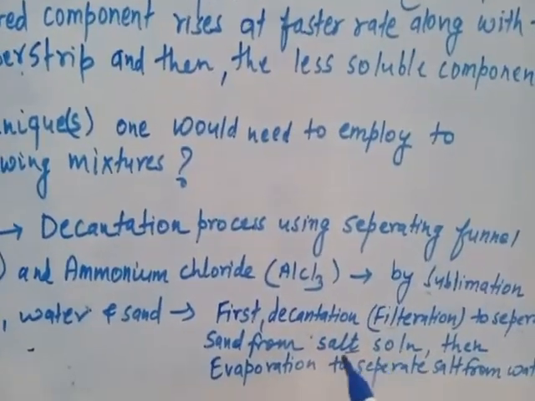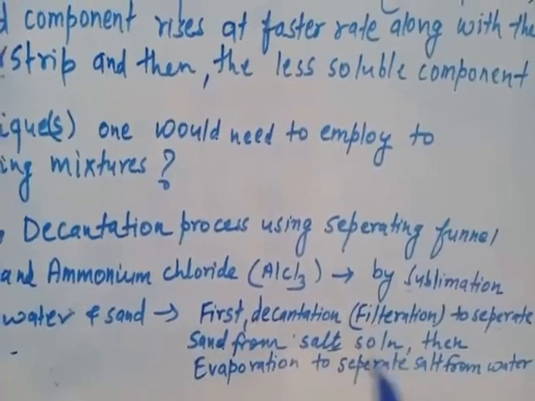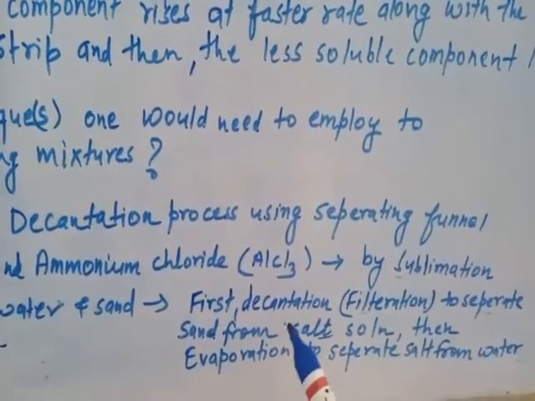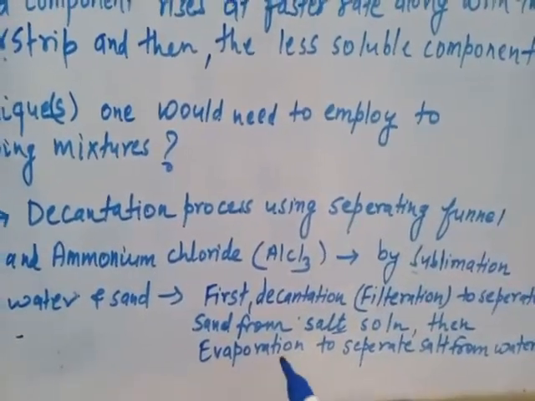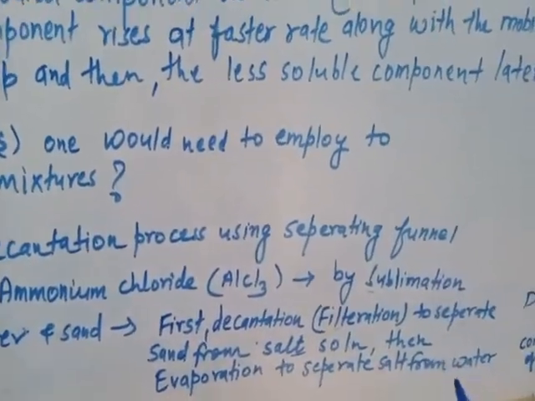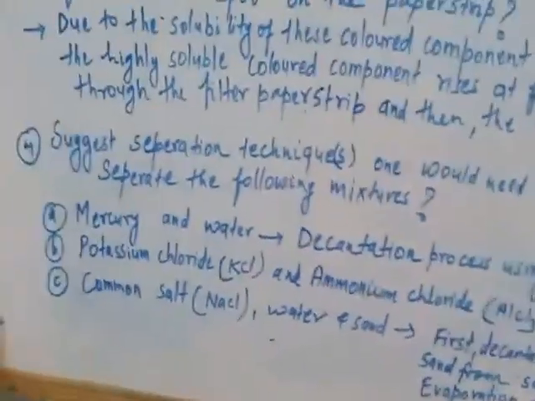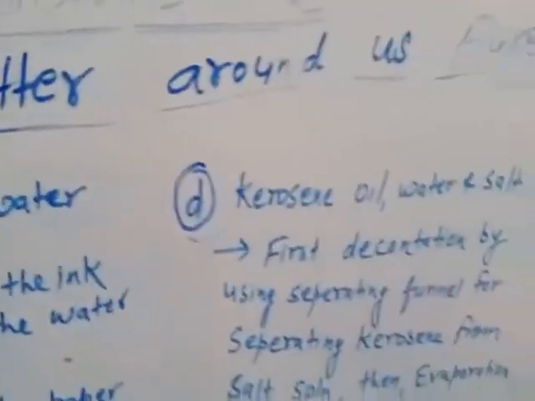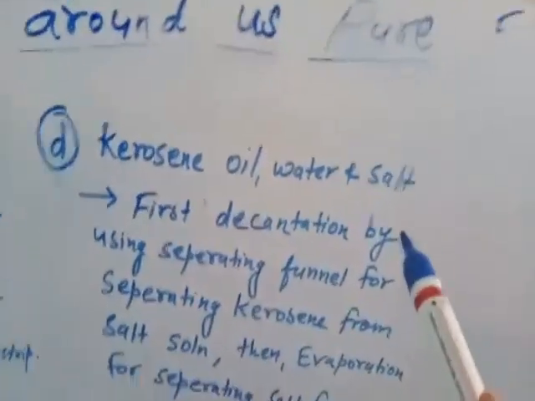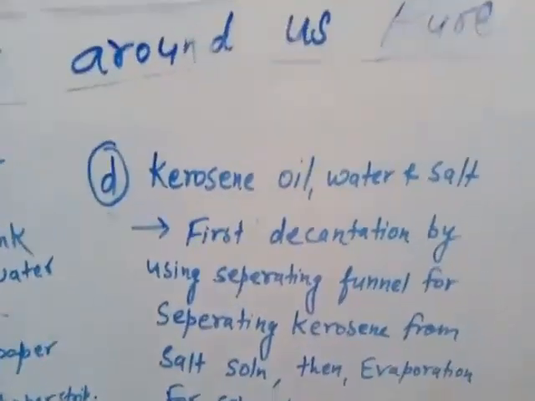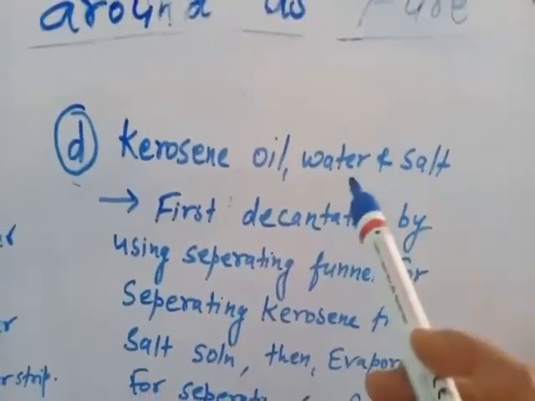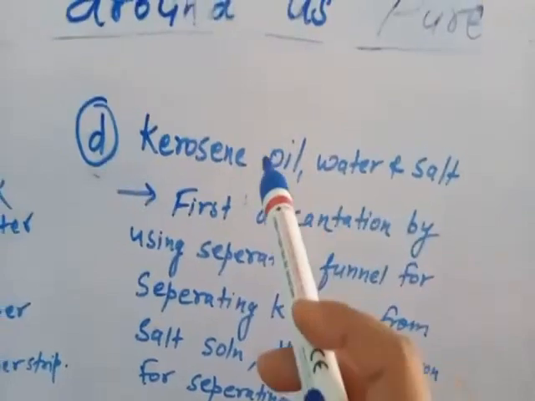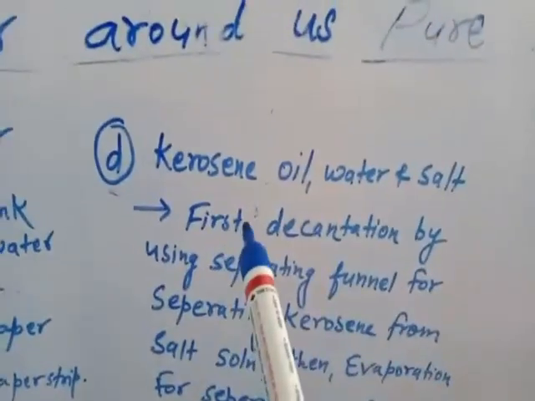And then from the salt solution, how can you separate salt from water? By the evaporation technique. After you separate sand from the salt solution, you can undergo the evaporation process to separate salt from water. Very easy. Okay, so D is kerosene oil, water and salt. Here also, water and salt make the salt solution, and kerosene oil is insoluble in the salt solution.